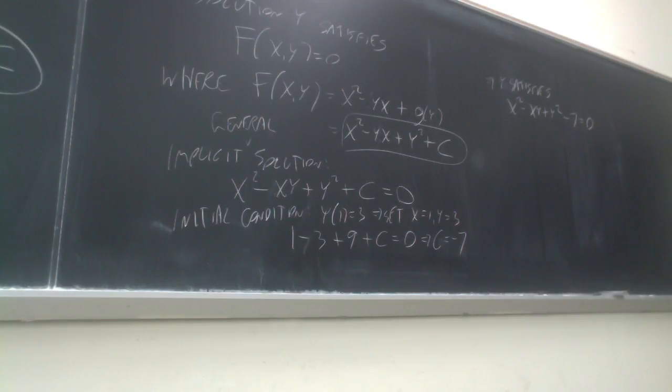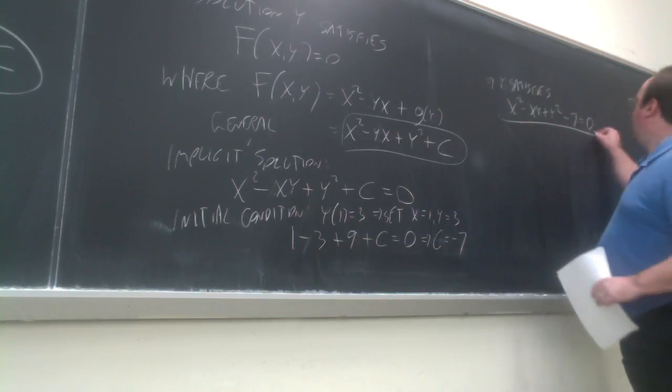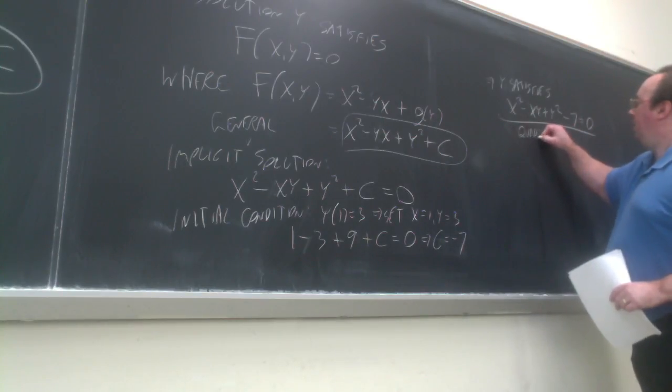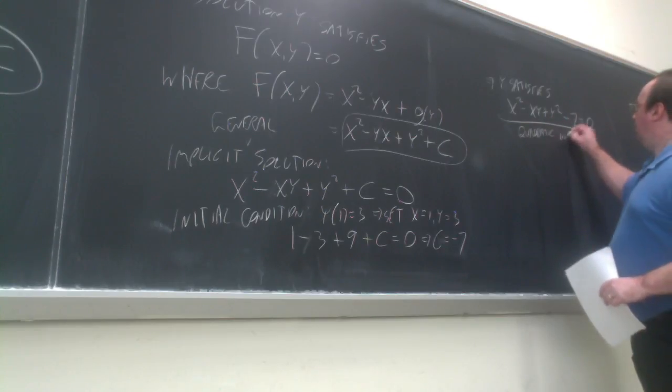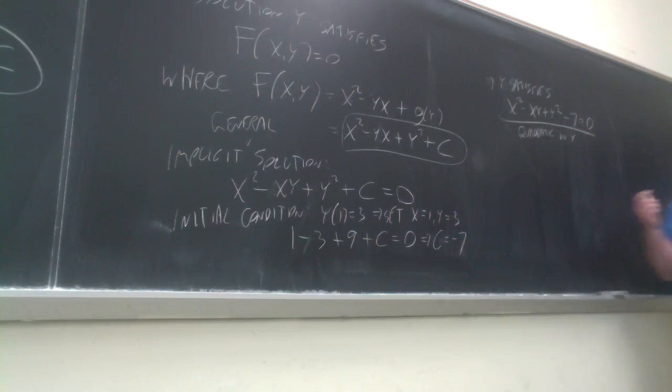Now, in many cases, we could stop here, or we have to stop here. In this case, we don't, because if we look at the dependence on y, we have a y squared, and then we have something times y, and then the rest of it doesn't depend on y at all. This is a quadratic equation in y. So we can use the quadratic formula to solve for y explicitly.